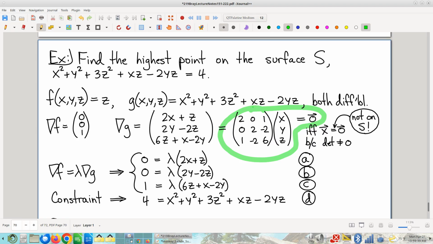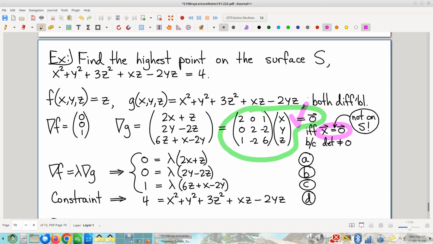I know it was a while ago, but that's how prerequisites work. They come up. So in this case, it's pretty easy to notice that the determinant is non-zero. That means that it's a non-singular matrix, which means that the solutions are unique. And since x equals 0 obviously works and is a solution, it is therefore the only solution. And it feels like we have found a critical point.